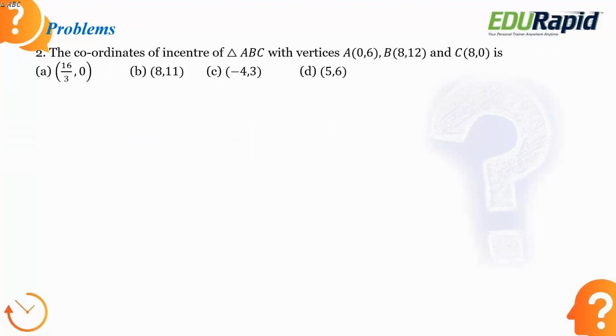Incenter means, as told to you all, we consider a triangle and there's an incenter inside that, and you have to find the coordinates of that point. How do we find that incenter?